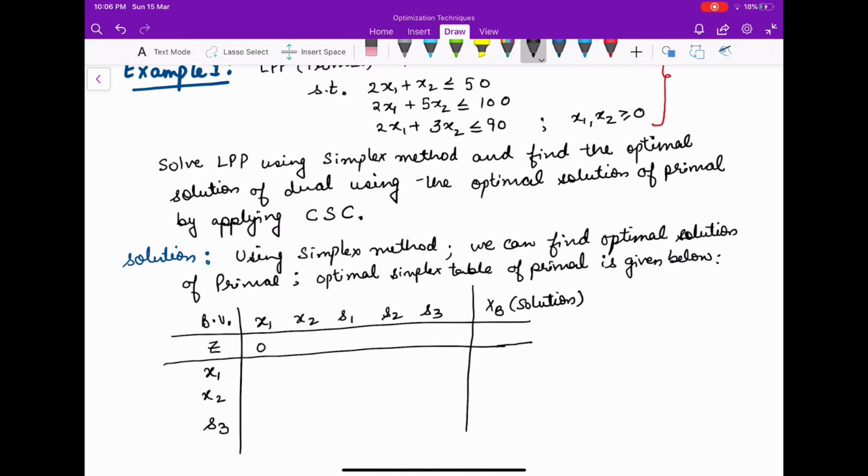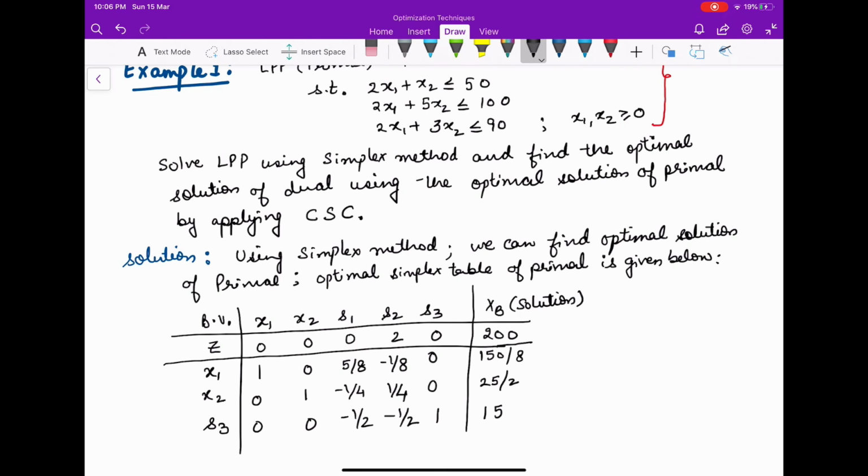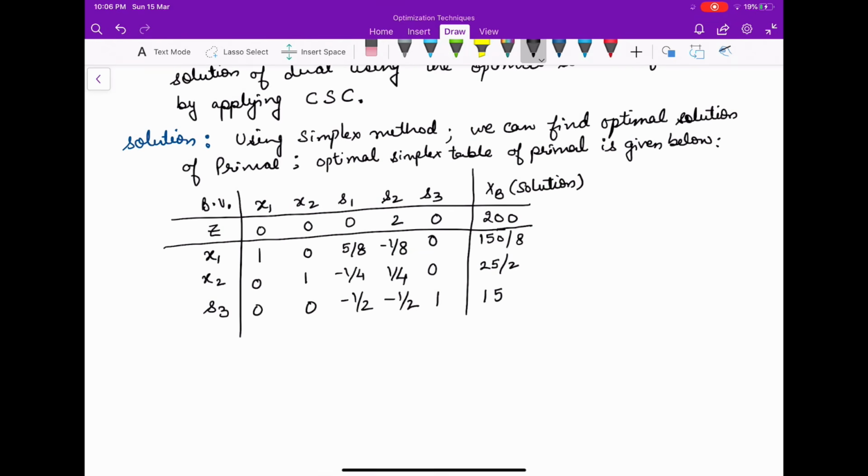Once you solve this LPP, you will find these entries. These are basic variables, so we have these entries 1, 0, 0, and these are obtained by using standard row operations and the normal simplex algorithm.